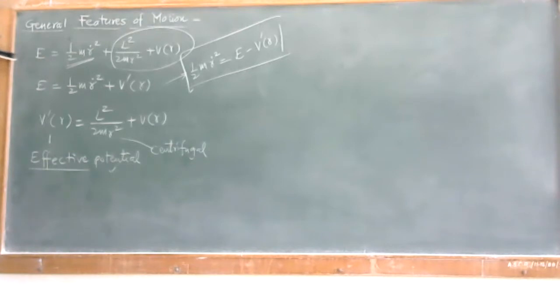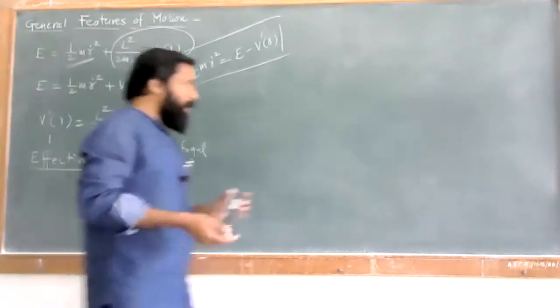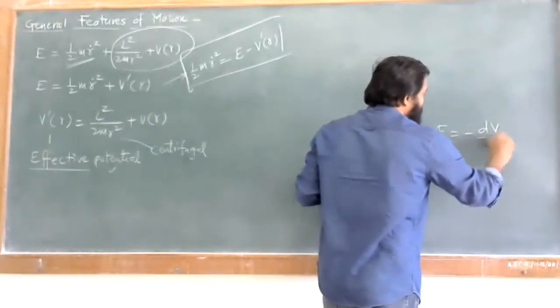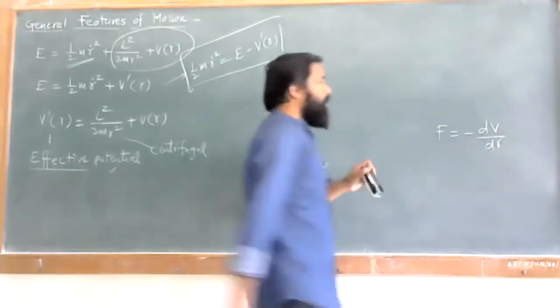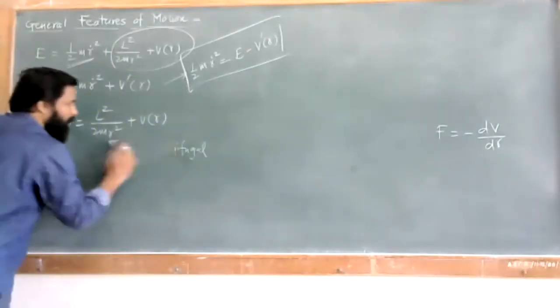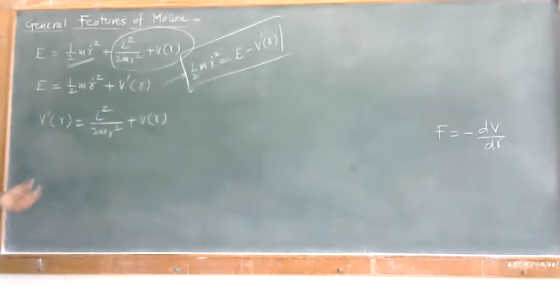Now we have a potential, so force is nothing but the negative gradient of potential energy, F is equal to minus dV upon dr. So for this, let us differentiate this equation. We can write this as dV dash r by dr. Differentiate this with respect to r.